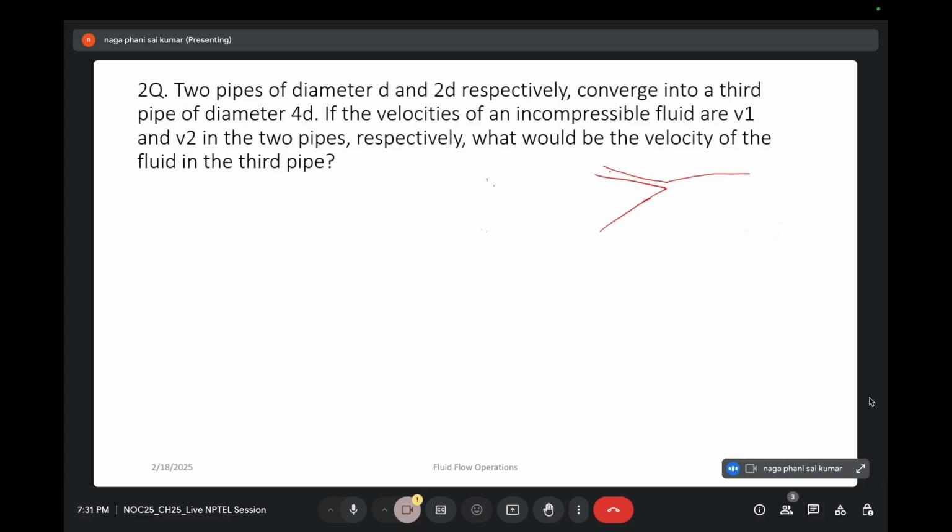This has a diameter of D, this is 2D, and this has a diameter of 4D. The velocity in the first pipeline is V1 and this is V2. What would be the velocity here? That is V3.